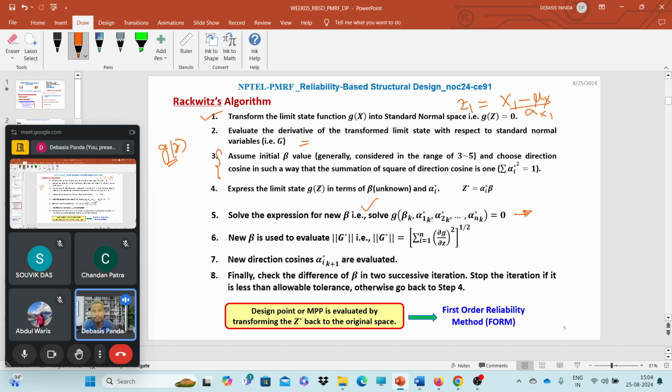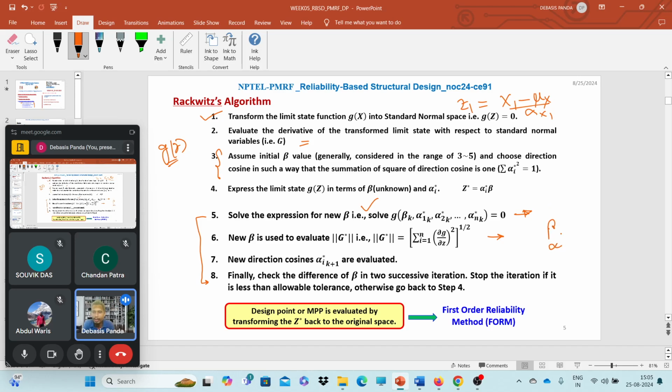Once we have the new beta, again we need to find the new alphas, and this iteration will continue until we get convergence. Convergence means we set some tolerance limit between two successive betas. Once we meet that tolerance limit, the iteration will stop, and we will get the final beta and alphas.